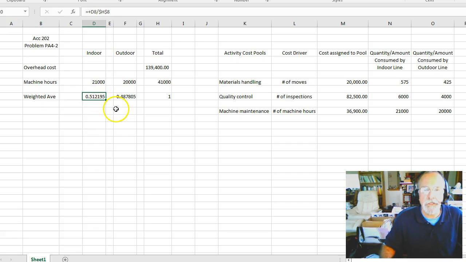The indoor product would be allocated 51.2195% of the overhead costs, and the outdoor product would be allocated 48.7805% of the overhead cost.